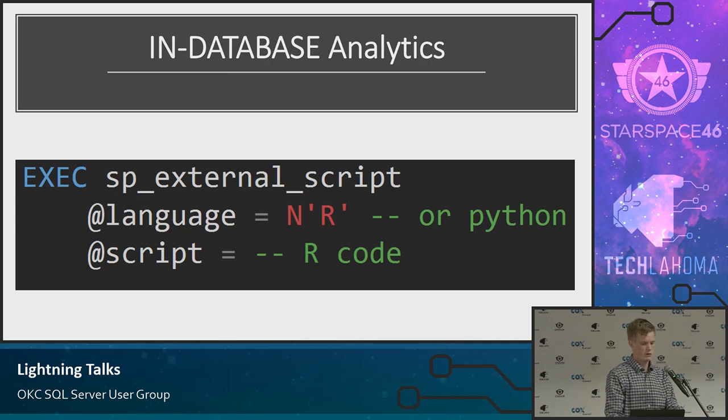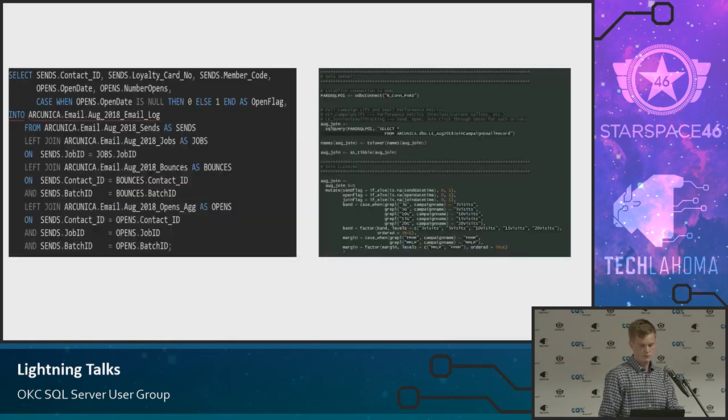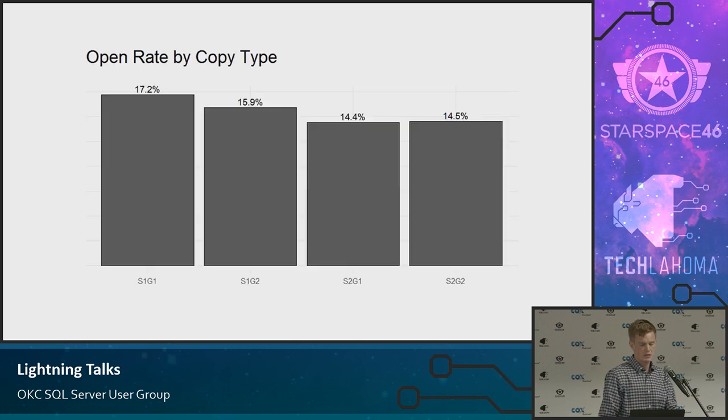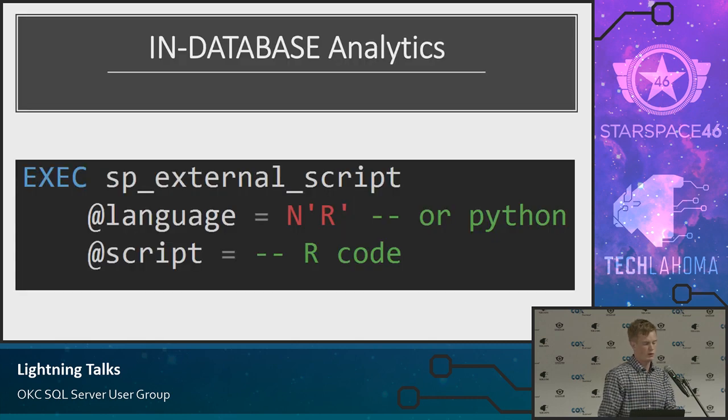So this script on the right is doing some cleaning on the data within R, but doing it in memory. That would go here where I've got it commented out. You would just place all the code from that script there, and you just need to let SQL Server know that it is R language or Python language, and then you can just run that as a stored procedure.